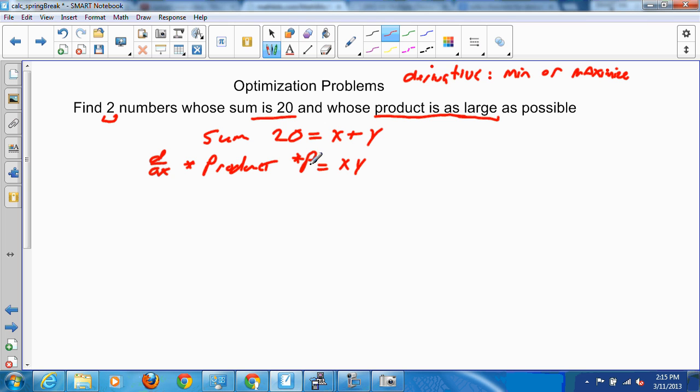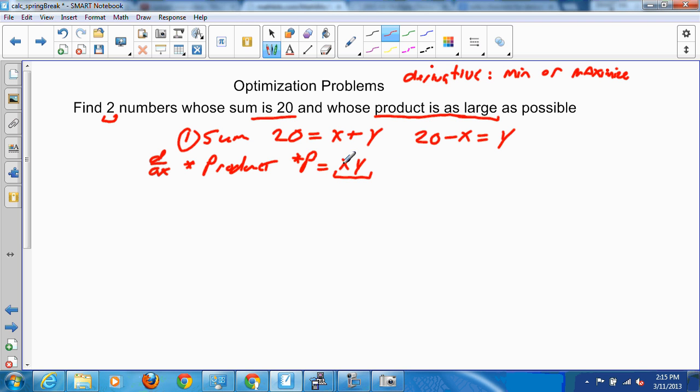So right now, if we take the derivative with respect to x or y, we have two variables. So our goal is always to rewrite the problem in terms of one variable. I suppose the easiest way to solve this one is to rewrite the sum equation and say that 20 minus x is equal to y.